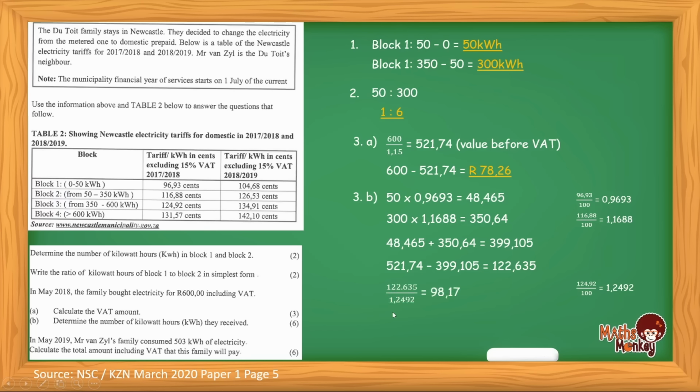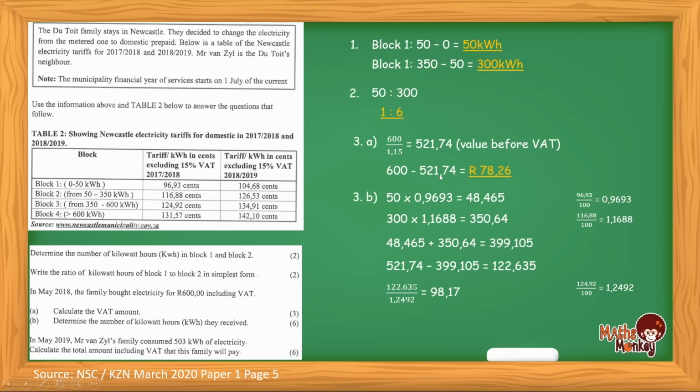Then I divide the amount we spent in block 3 by the tariff for each unit in block 3, and that will tell me how many units I bought in block 3. So this 50 is how much I got in block 1, this 300 is how much I got in block 2, and 98.17 is how much I got in block 3.